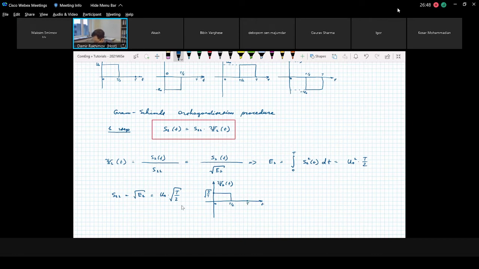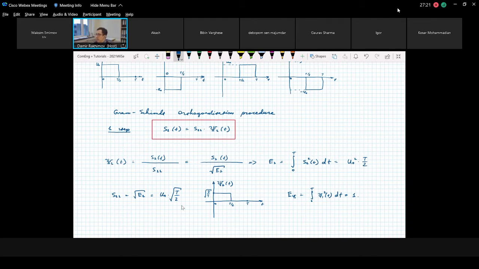The reason why we have to normalize is because the energy of the basis function, which is again the integral from 0 to capital T of our basis function squared, must be equal to 1, because we're talking about an orthonormal basis. Orthogonal basis means that we have all vectors orthogonal to each other.